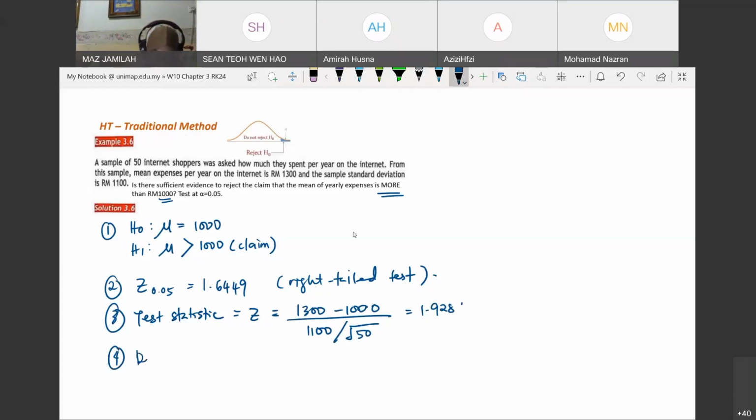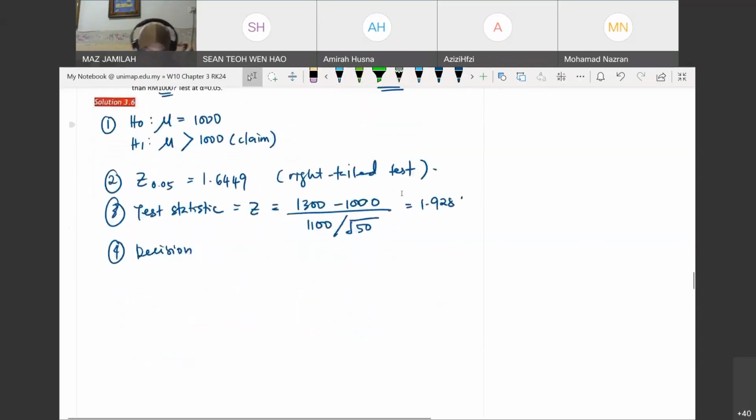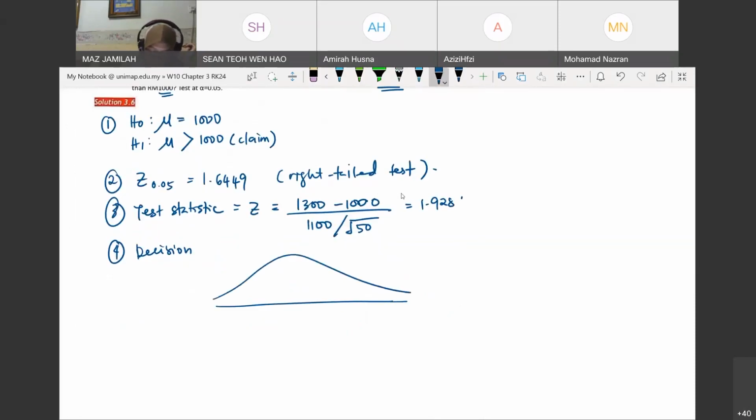So the fourth is the decision. Based on our step 2 and step 3, we know that my critical value at 0.05 is equal to 1.6449, which is the start of the rejection region. So this is the non-rejection region, and this is your alpha, your rejection region.